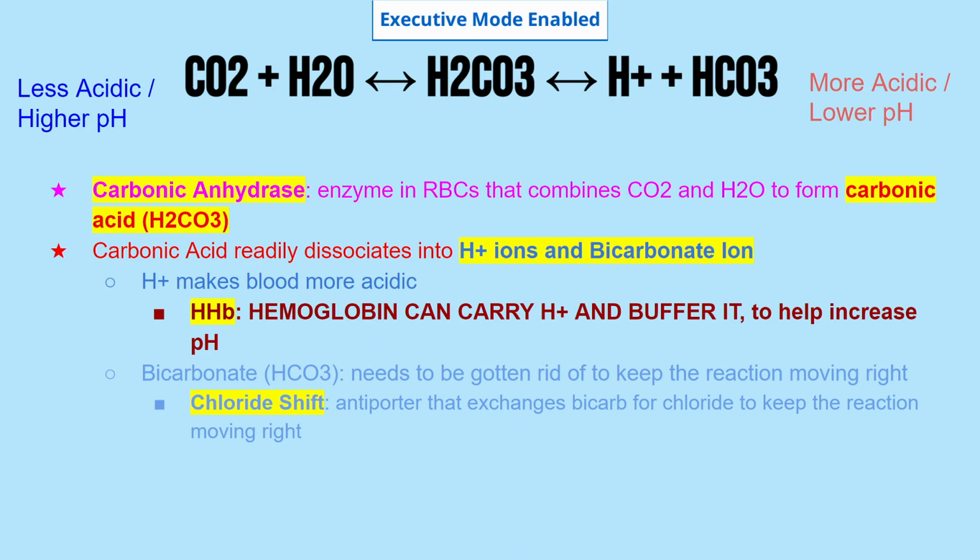So when carbonic acid dissociates, we're releasing hydrogen ions, which increases acidity. So on the right side of the equation, where we have more acidic conditions, we have a lower pH.